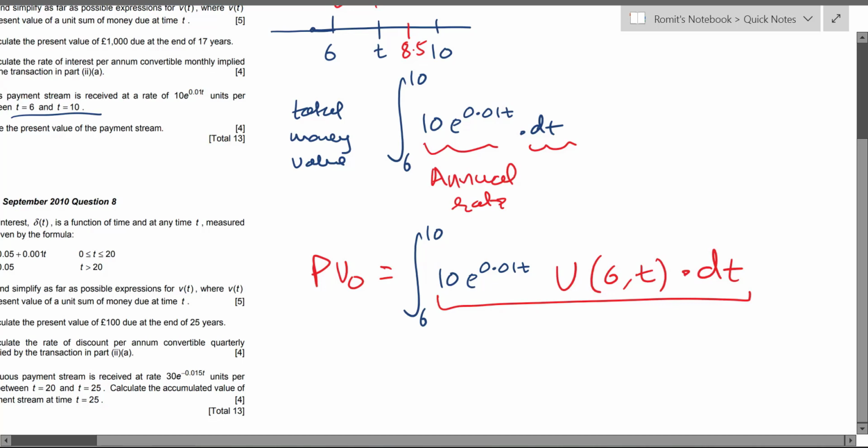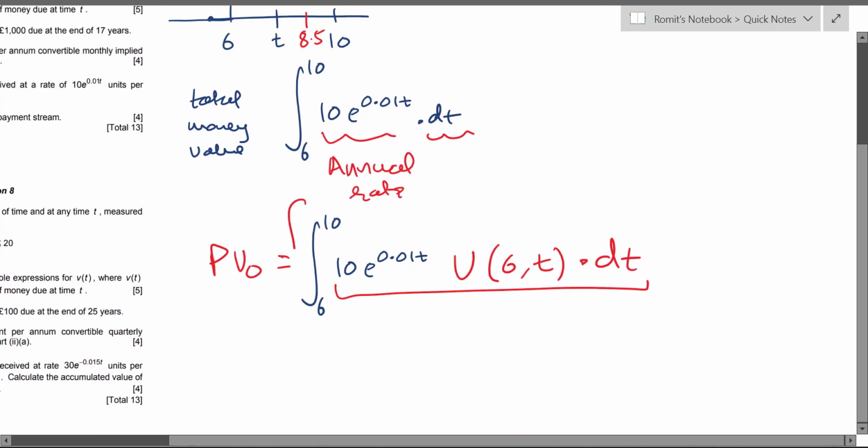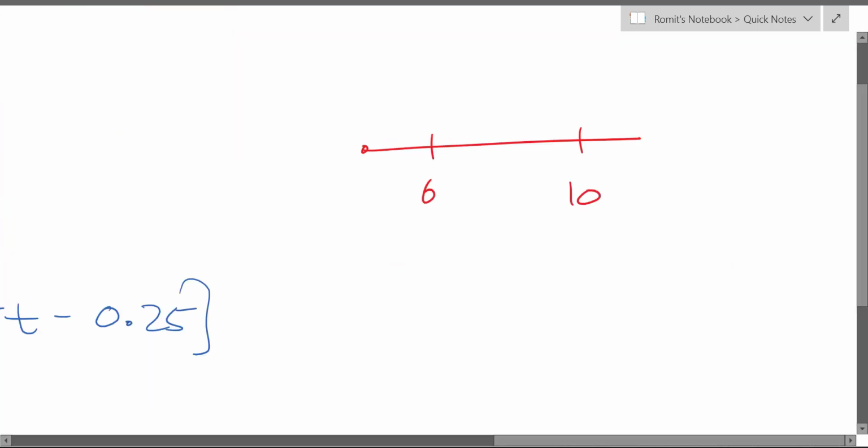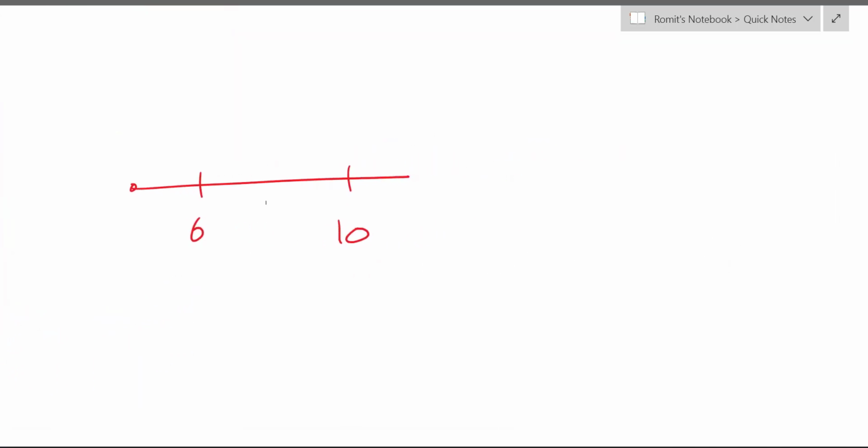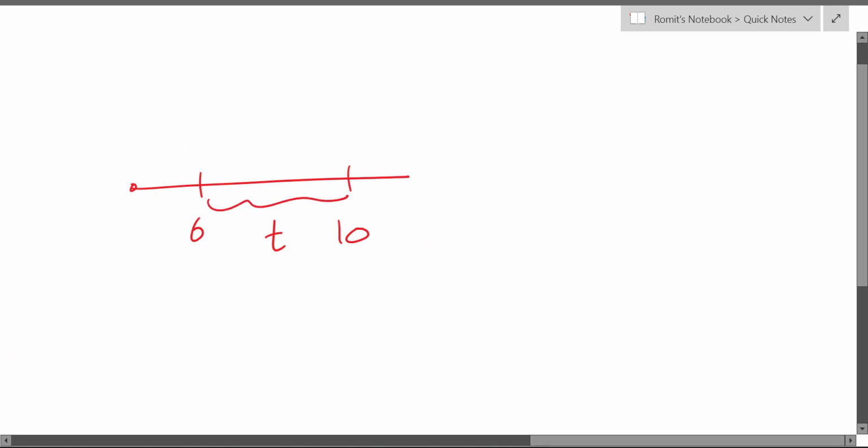Then I'll add over all the possible values of t from 6 to 10. This gives me the total present value at time 6, and then I want to take this entire thing to time 0, so I'll multiply it with v(0, 6). What I want you to note here is that t is a representative time.